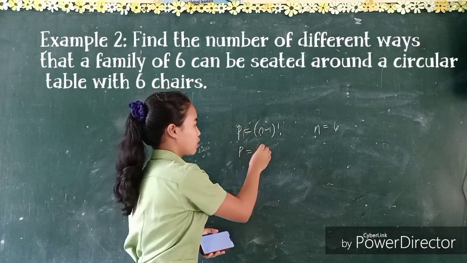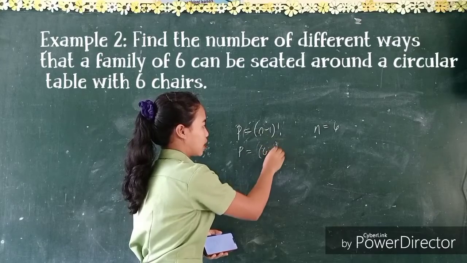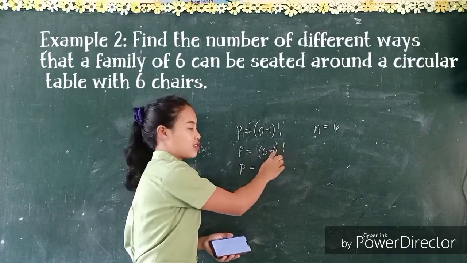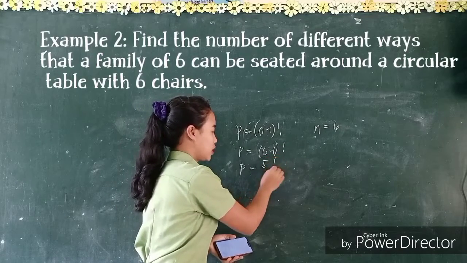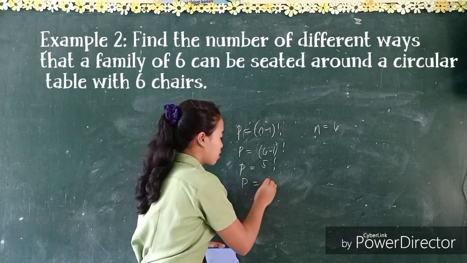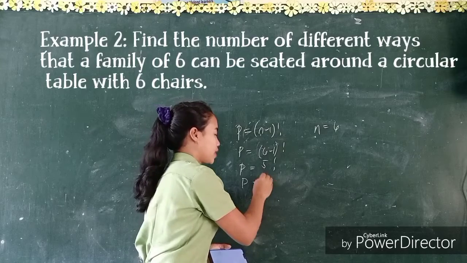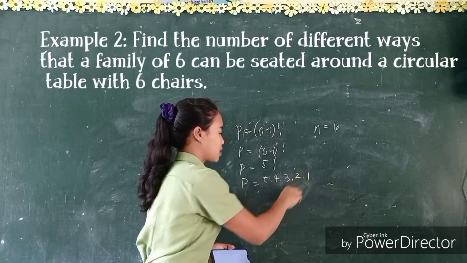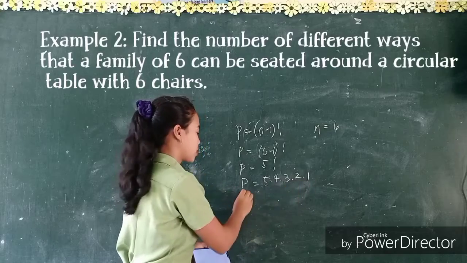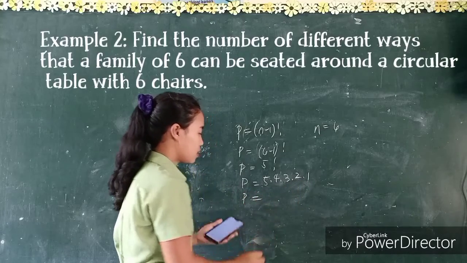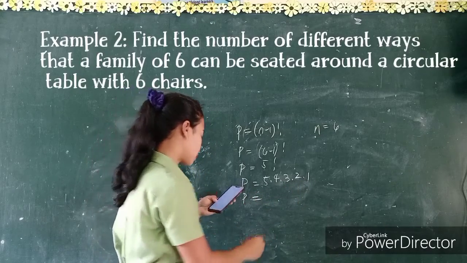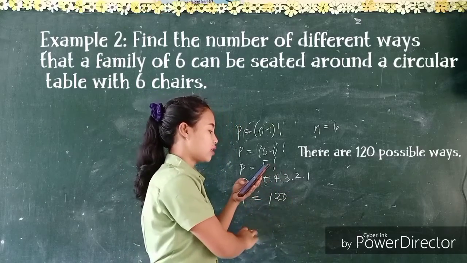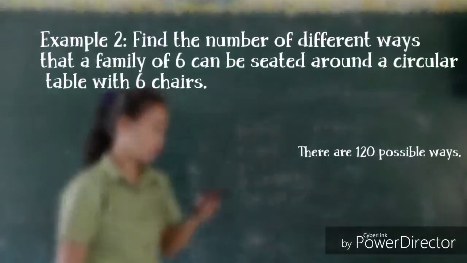So P now is equal to 6 minus 1 factorial. P is equal to 6 minus 1 is 5 factorial. So P is equal to 5 factorial. We have 5 times 4 times 3 times 2 times 1. So multiply all these numbers. We have P is equal to 120. So there are 120 possible ways.